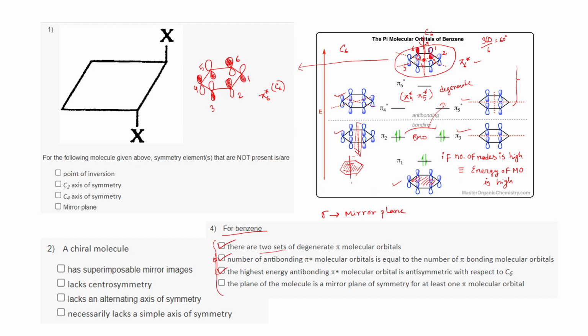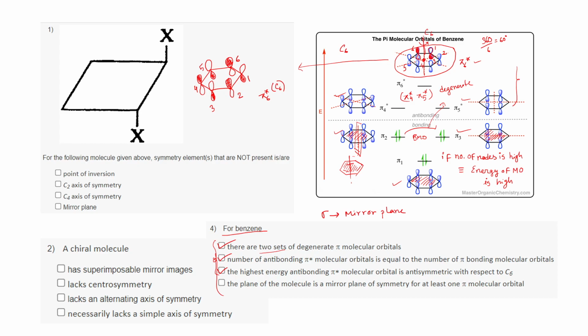What do you think about pi 2 and pi 3? Will it be symmetric if I perform a sigma along the molecular plane, for pi 2 and pi 3?